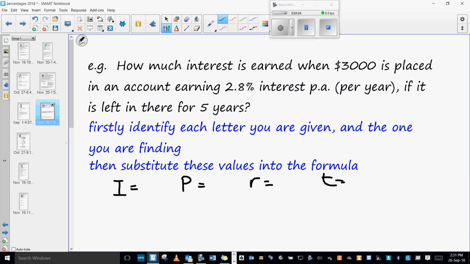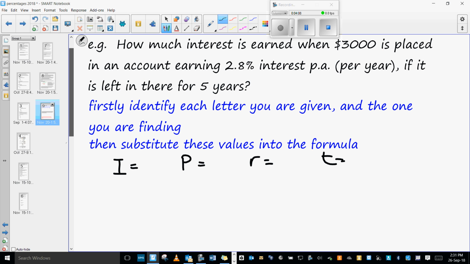Do we know the value of I yet? Are we told the actual interest, how much money we get? Not yet, no. Okay, so that's what we're trying to find. Do we know the value of P? So do we know the amount of money that was put into the account? 3,000. So that's going to go there. Do we know the value of R?